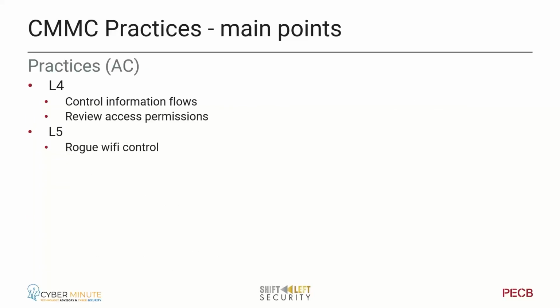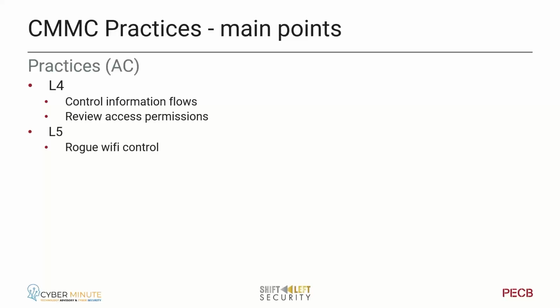And then 4 and 5, like you see, it will become even more technical. Control information flows. It means that you know how your information flows in your organization and that you have full control of that, and that you can review access permissions.